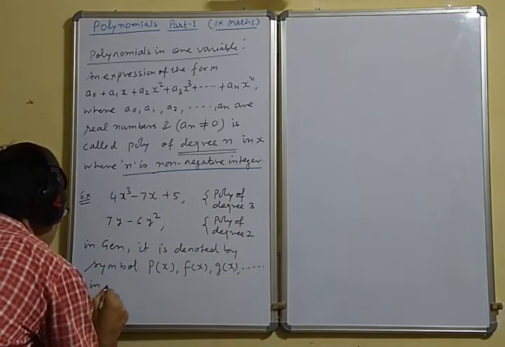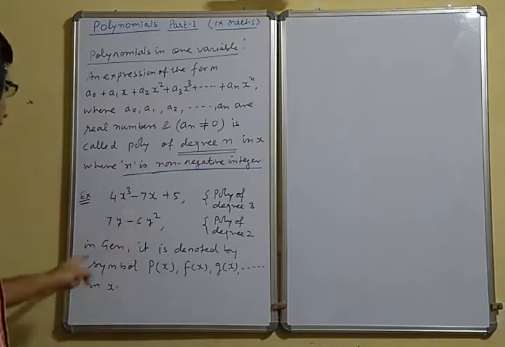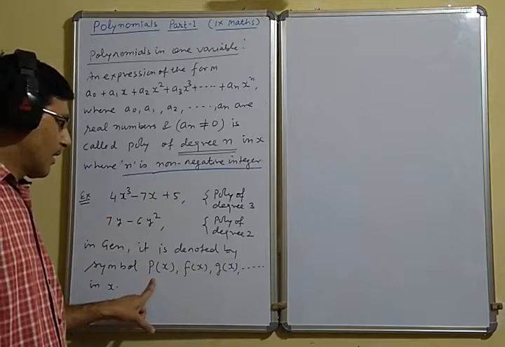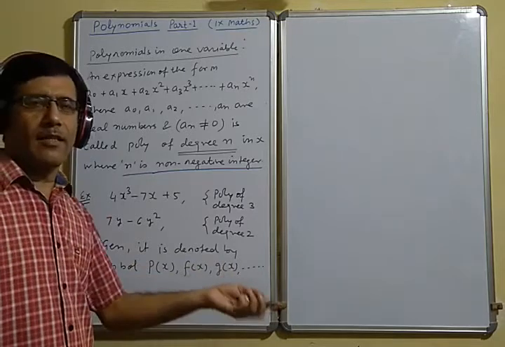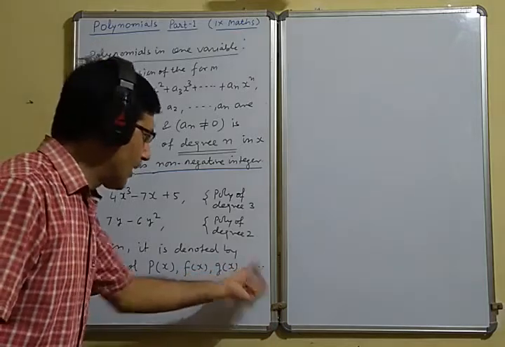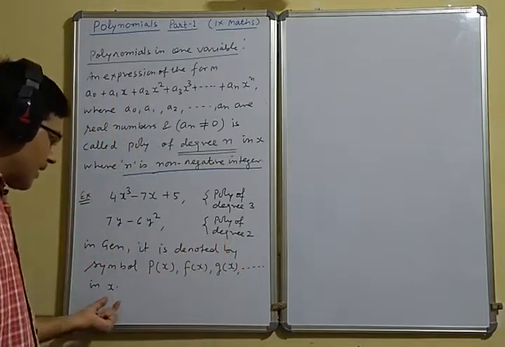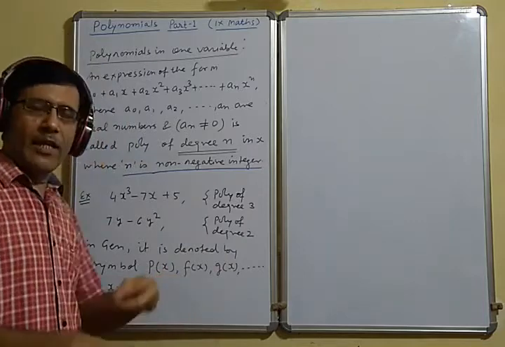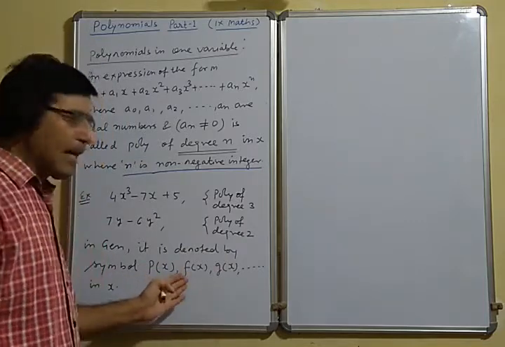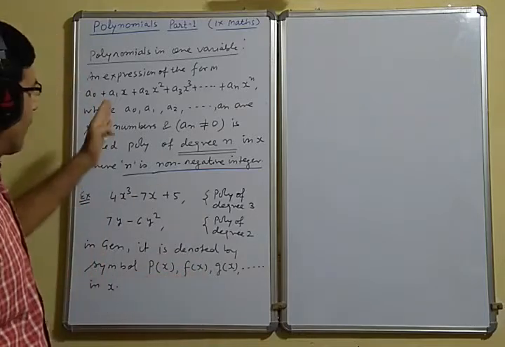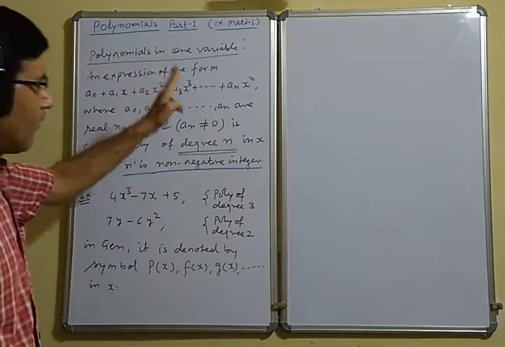In x, in general, it is denoted by the symbol p(x), f(x), g(x), h(x), whatever you can write, but this is in x. Similarly, if it is a polynomial in y, we write p(y). If it is a polynomial in t, we can write f(t). So this is the definition of polynomials in one variable.